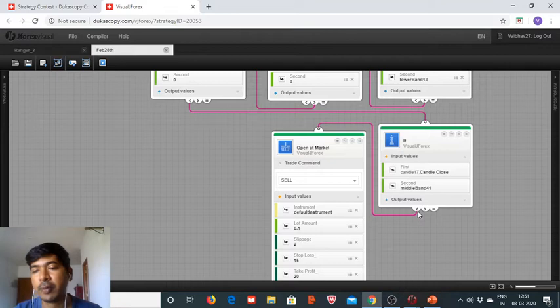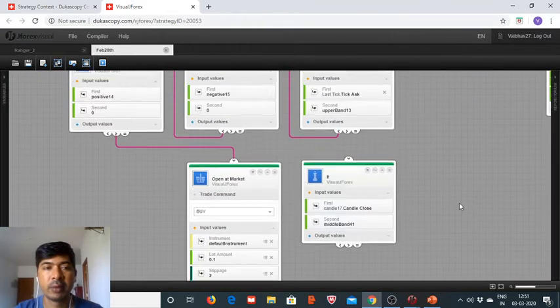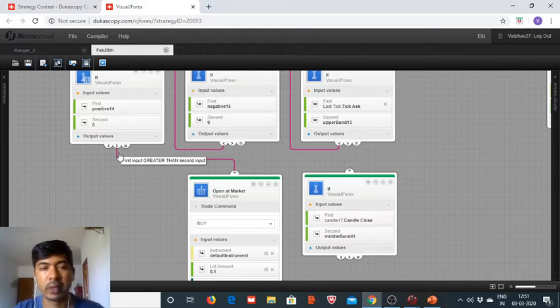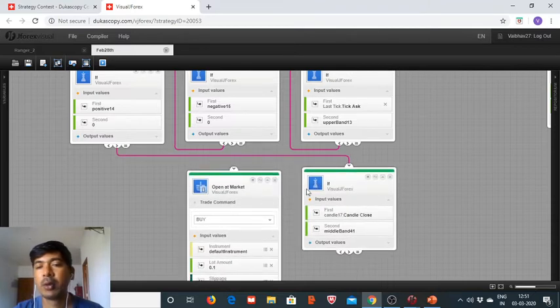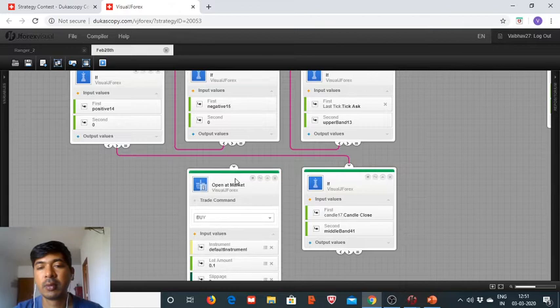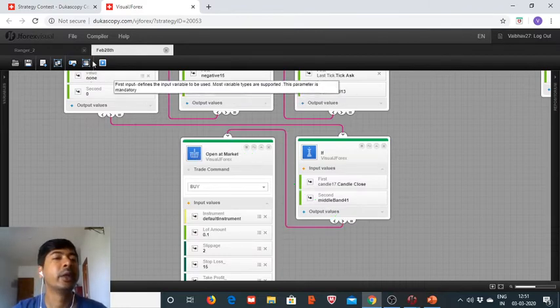This is the sell side, and if the positive value is greater than 0, that means we will join this here, and now the trade will happen only if the candle close is greater than the middle band. So we have done this initial condition.